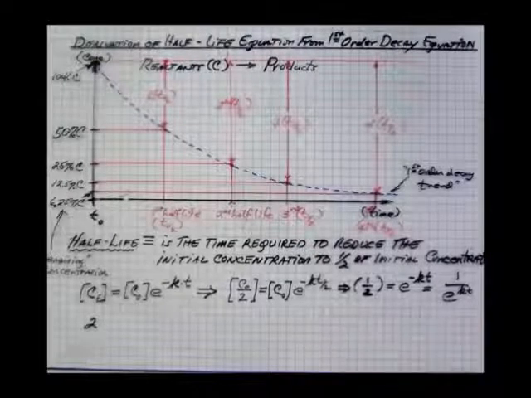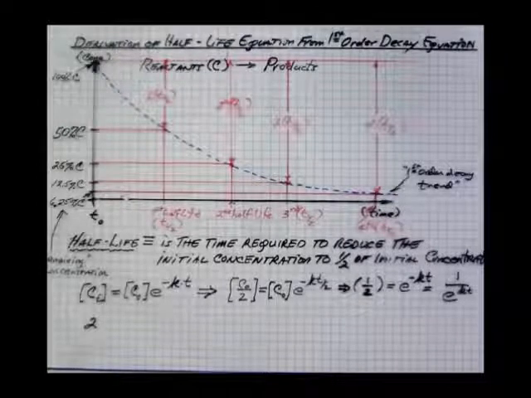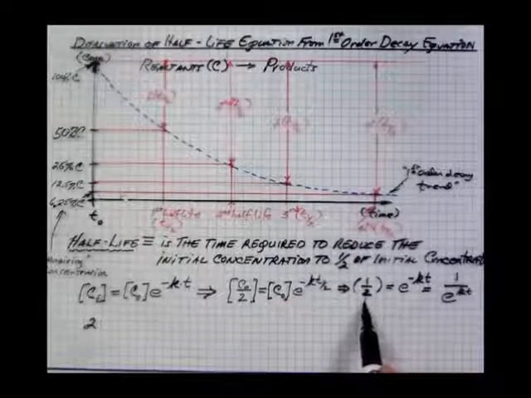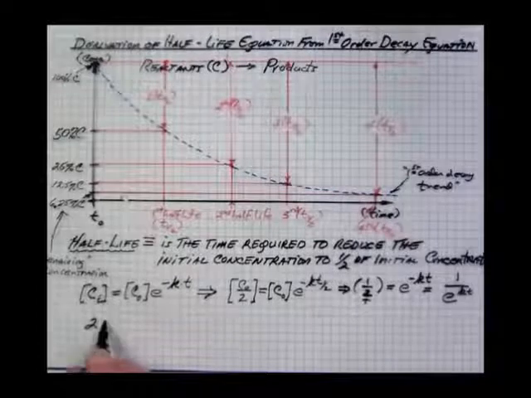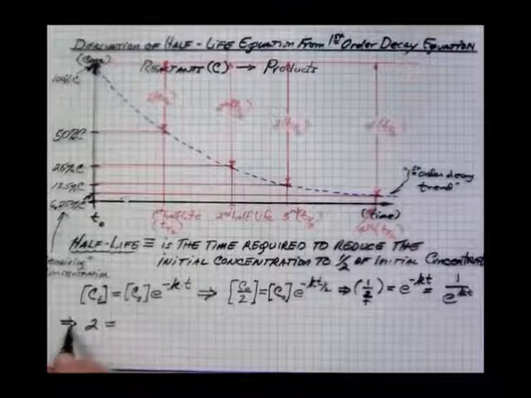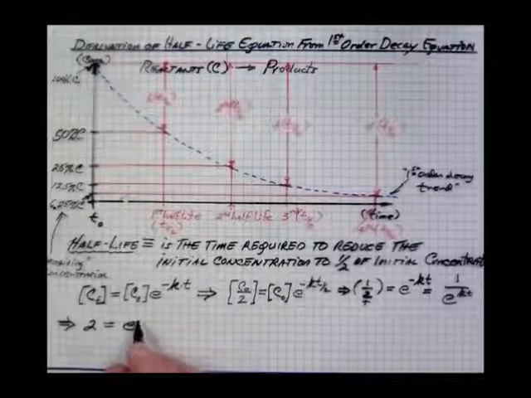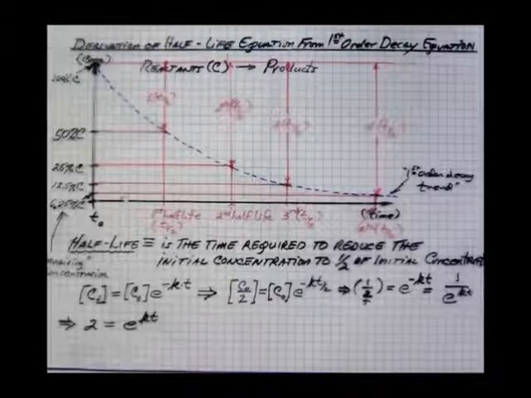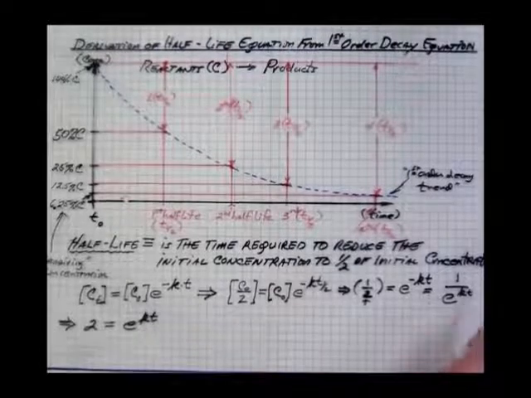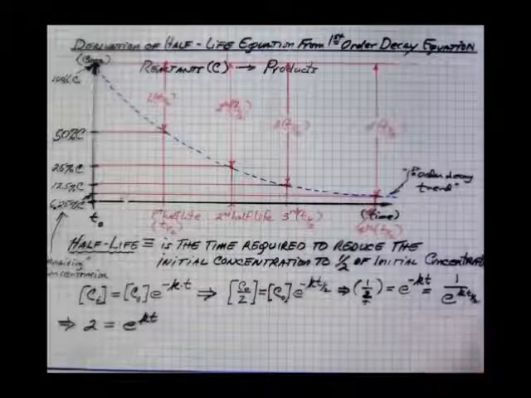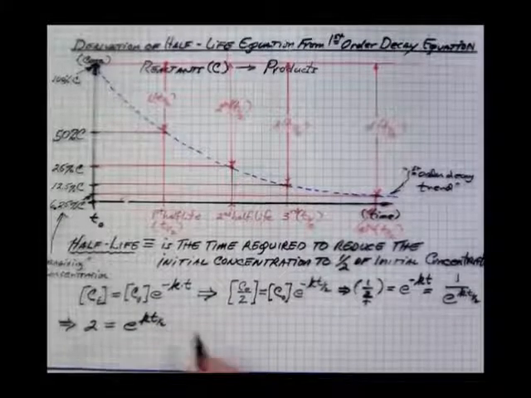We want to untangle the reciprocal, so this would then be 2 equals e to the kt, with t at the 1/2 power.